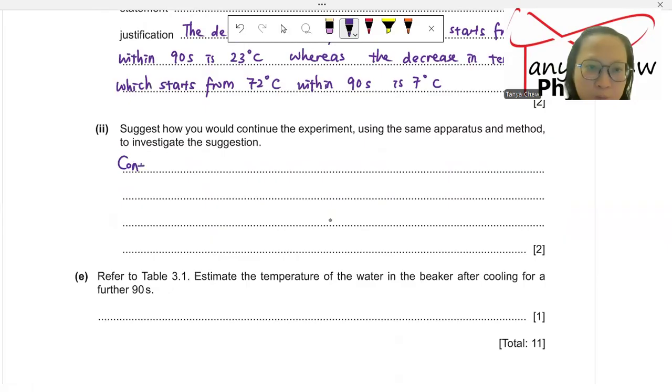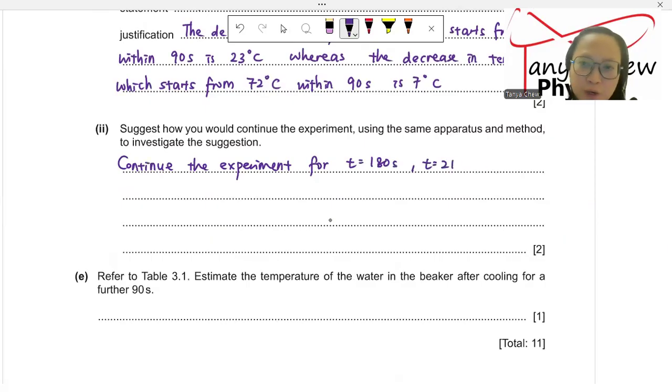Continue the experiment for t equal to 180 seconds, t equal to 210 seconds, t equal to 240 seconds, t equal to 270 seconds, t equal to 300 seconds, t equal to 330 seconds.